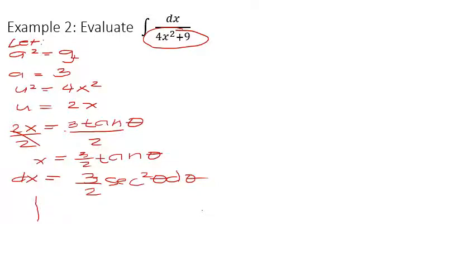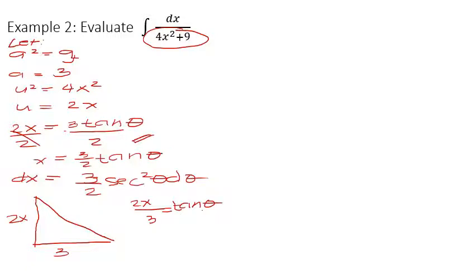So if we have your right triangle here, and I want to get my tangent theta, my tangent theta is opposite, which is 2x, over 3 equals tangent theta. So we have 2x, that's the opposite, and the adjacent is 3. And then this is the hypotenuse, square root of 4x squared plus 9.